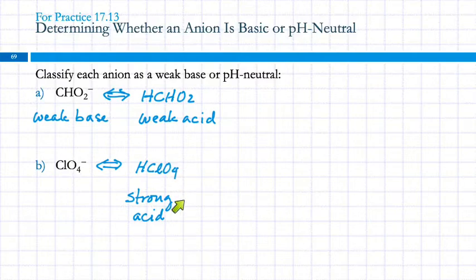Well, if this is a strong acid, how does it affect this as being a base? It's either weak or neutral. It's like super weak, right? Because this is strong. It is the conjugate base of this, but it doesn't act as a base. And so this is going to be pH neutral.